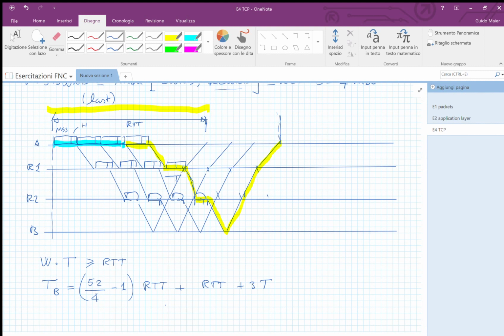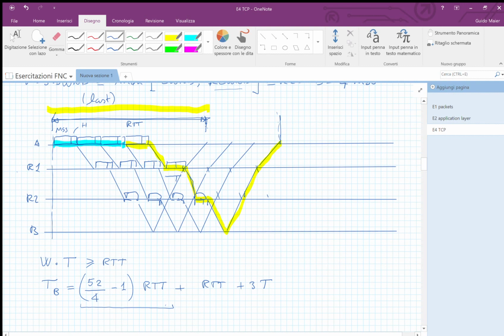So all the segments are transmitted in groups of 4, and so you have this quantity here that accounts for the transmission of all the groups of 4. Each time you transmit a group of 4 segments, the time that is taken is the round trip time.